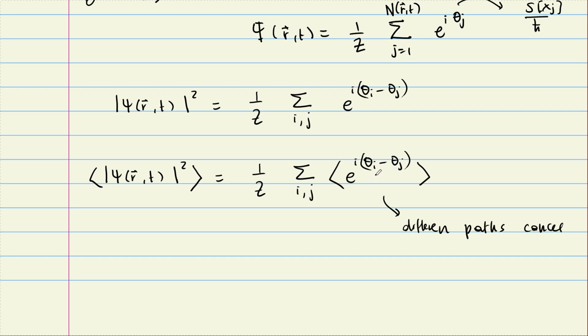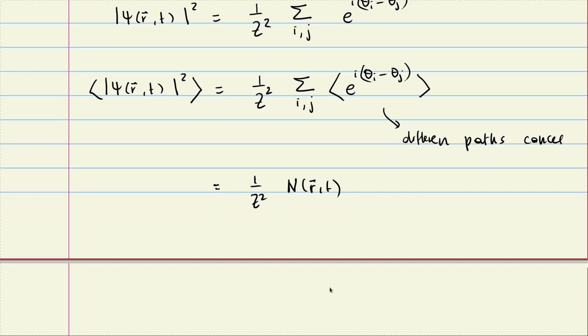And the only contribution here is going to be from the i equal to j part. And if i is equal to j, this is going to be e to the i 0, which is 1. And there are N of these. This is Z squared, this is Z squared. So this is going to be 1 over Z squared N of r comma t. Is that clear?